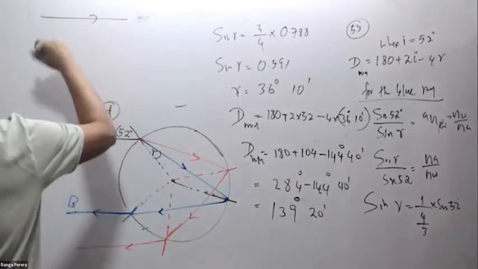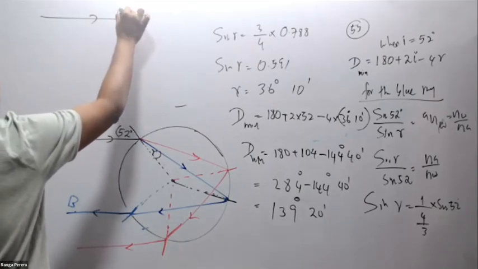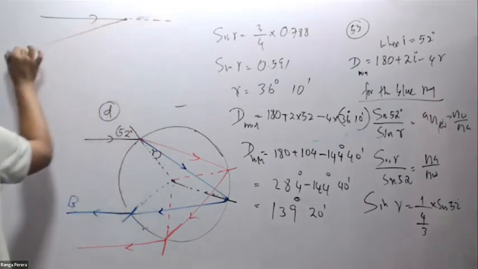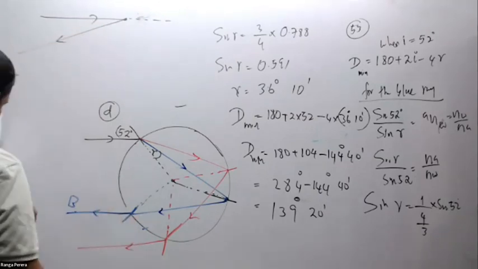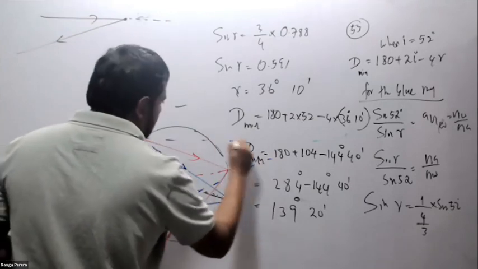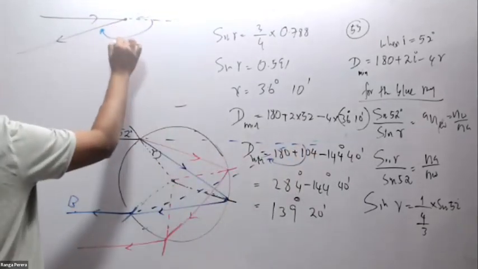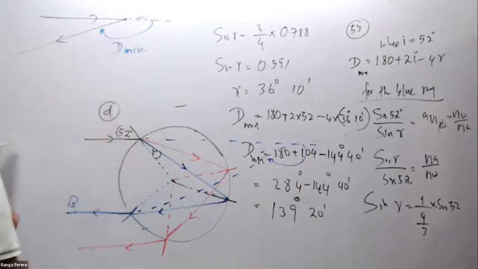If a blue ray, actually it is a white color one, if a blue ray is there, finally it is deviated like that. If I extend this line, this is what they mention as the deviation angle, D minimum. Understood?